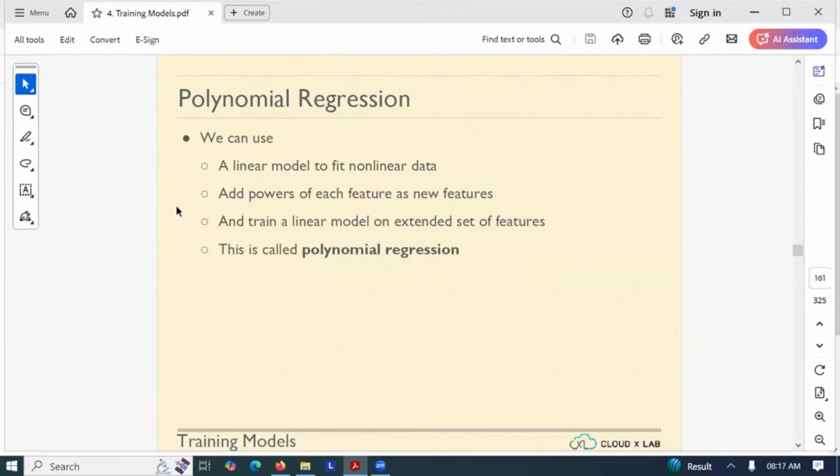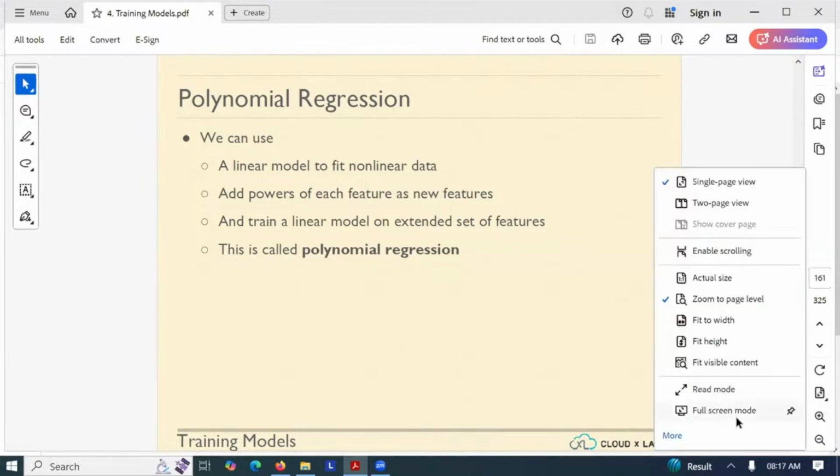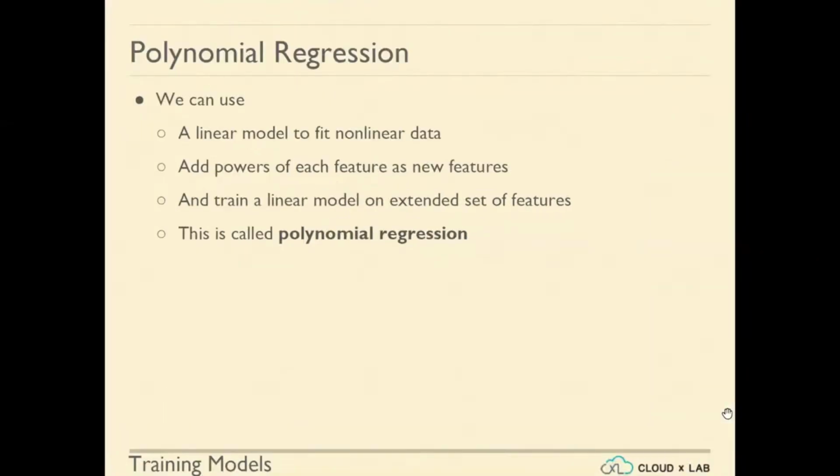Now, there are two ways to fit a non-linear model. In the first method, what you can do is create non-linear features, right?